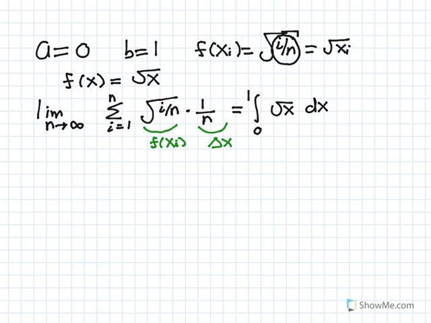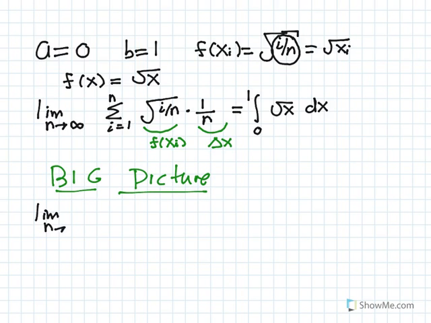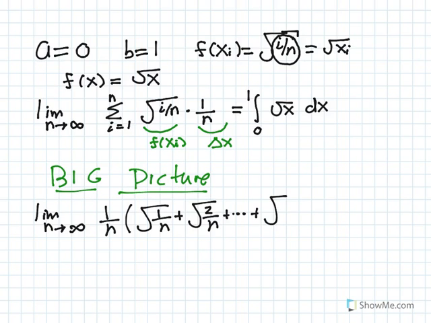So let's look at the big picture. What is the big picture in this process? What we have is we were given the limit as n goes to infinity of 1 over n times (root 1 over n plus root 2 over n plus root n over n). We wrote that in a more compact form using summation notation and realizing the general term is root i over n.